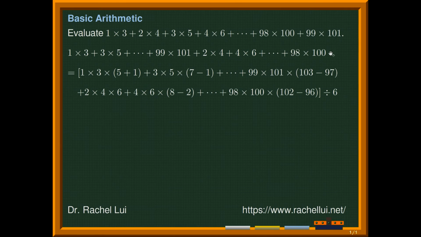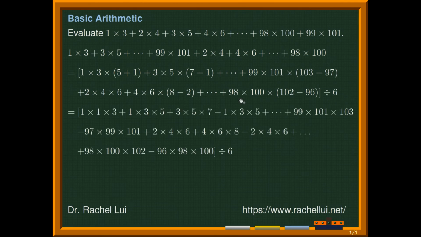For the last term here, 98 times 100, I will multiply it by 6, but I will write the 6 as 102 minus 96. So for all these terms, I add them up together and then I will divide them by 6. And the next step, I will apply the distributive law to every single term.